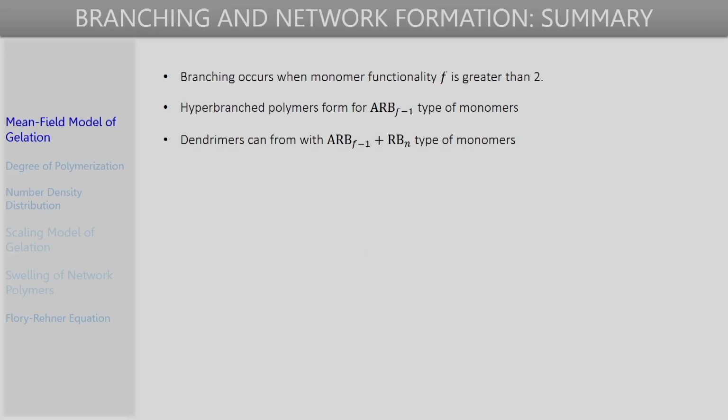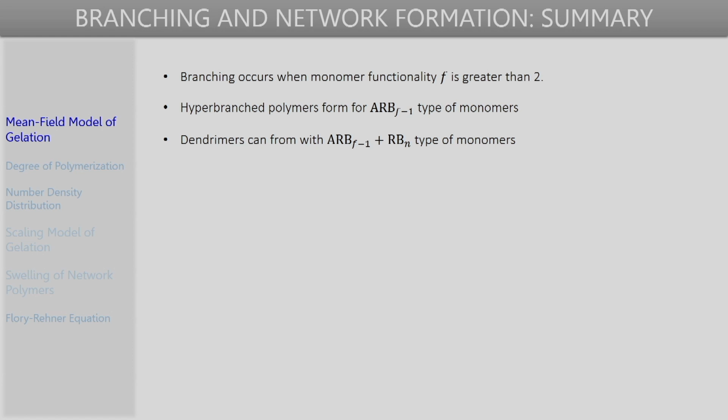We will conclude our discussion of swelling of network polymers here, and before concluding this lecture, let's review and recap the different things that we studied during this week related to branching of polymers and gelation. With regards to branching, we discussed that branching occurs when we have at least a monomer having a functionality greater than 2.